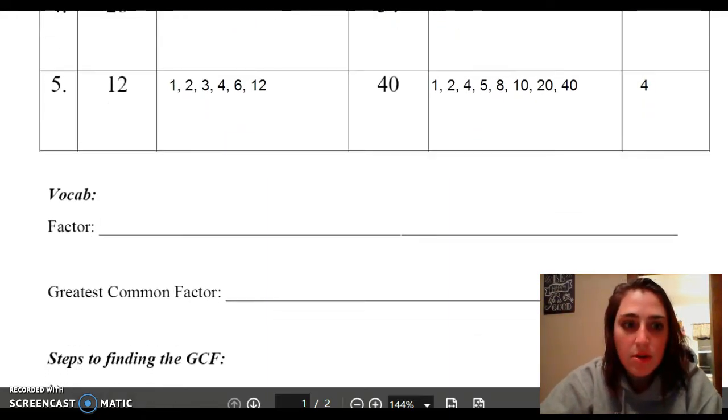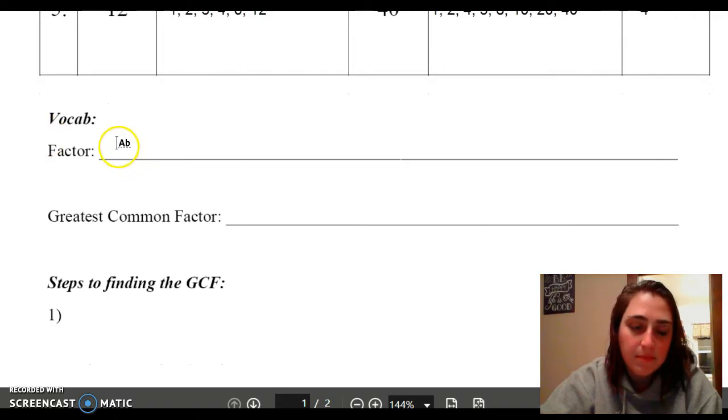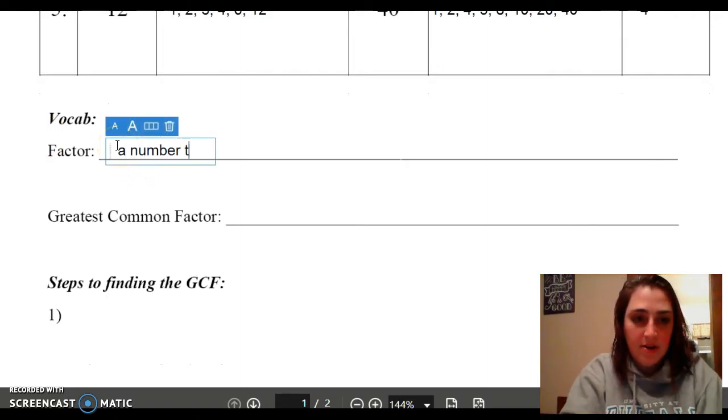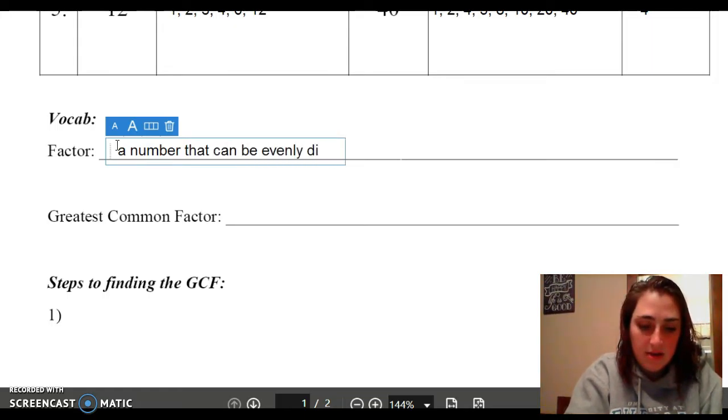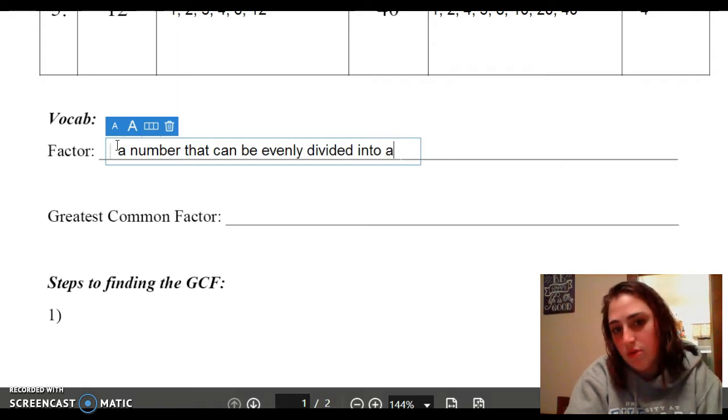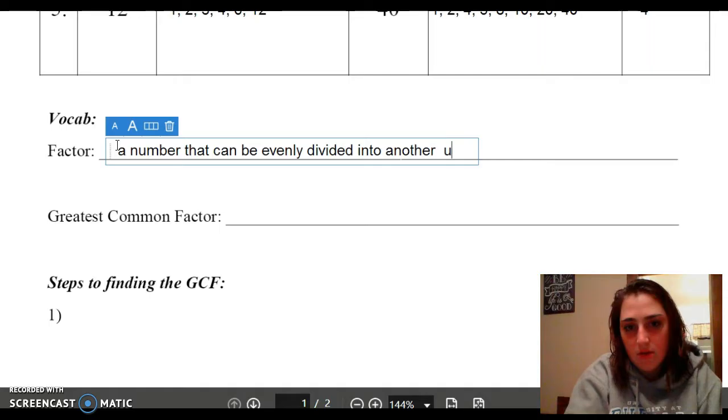Okay, so vocab. Factor: a number that can be evenly divided into another number. And it'll always be equal or smaller.